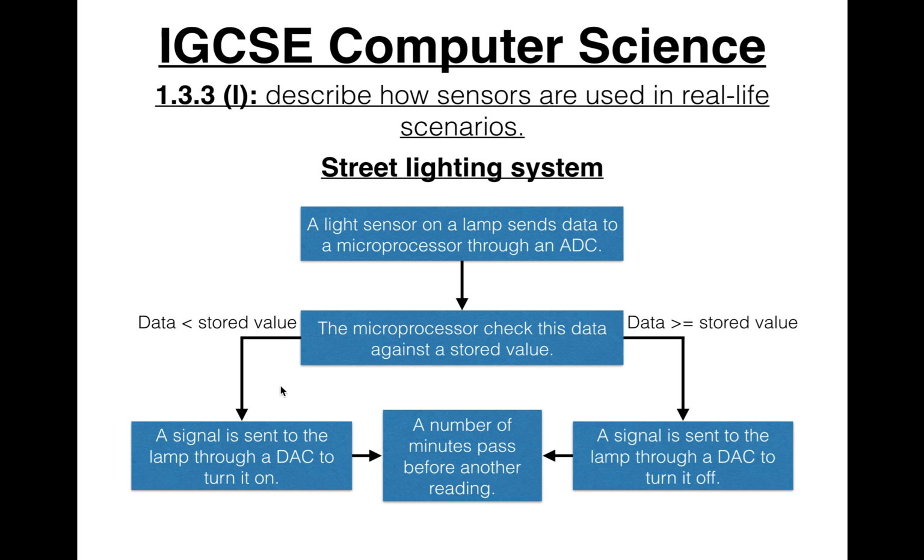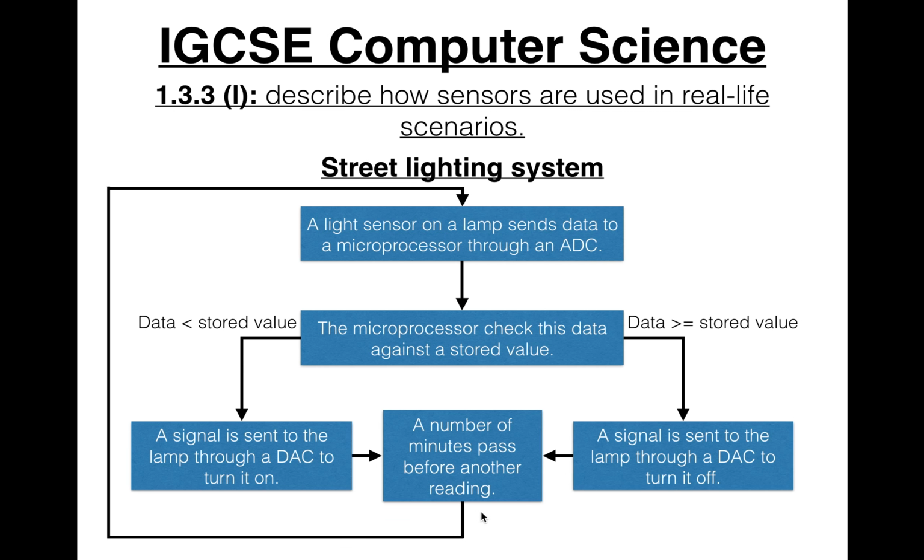If it's constantly checking, the light's just going to keep turning off, on, off, on, off, on, and that can be really annoying. So what the system can do is wait a few minutes before taking another reading so that the light stays on or off, and then can continue. And this is, of course, a cycle, because it'll keep happening.